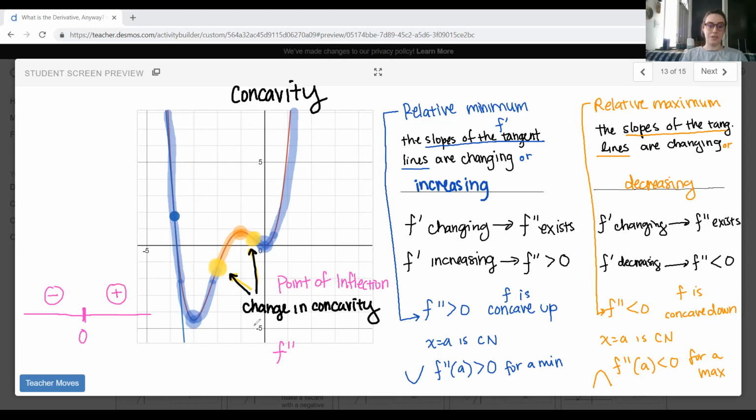Definitely have to hit 0. So these are locations where, just for a moment, the second derivative is neither positive or negative, because we're not concave up or concave down, we're switching. And so that means the second derivative is 0. So if you ever needed to find a point of inflection, you could try to find those by setting the second derivative to 0. These are potential locations.